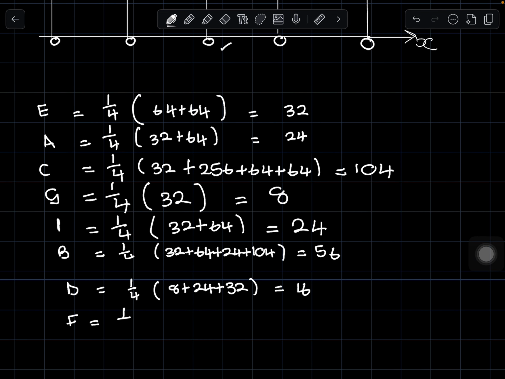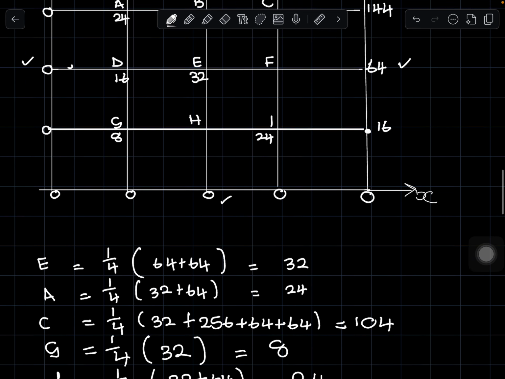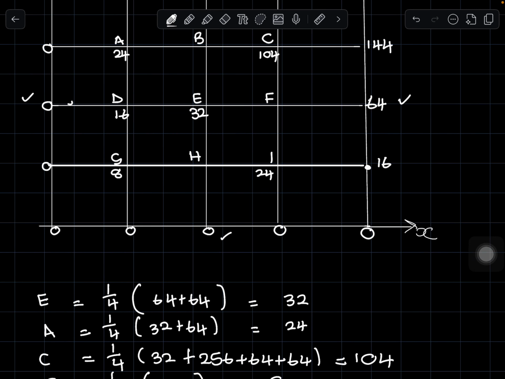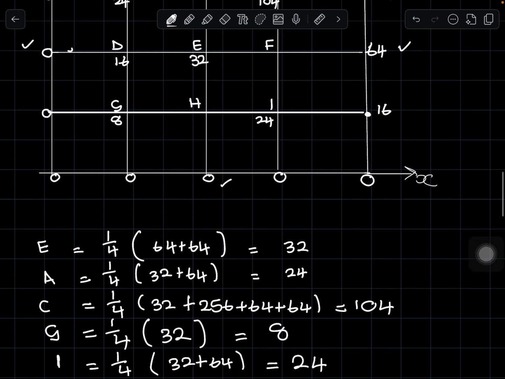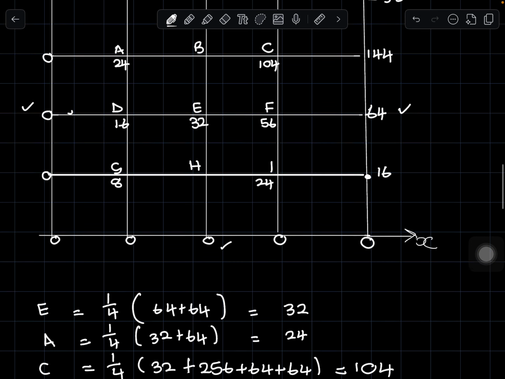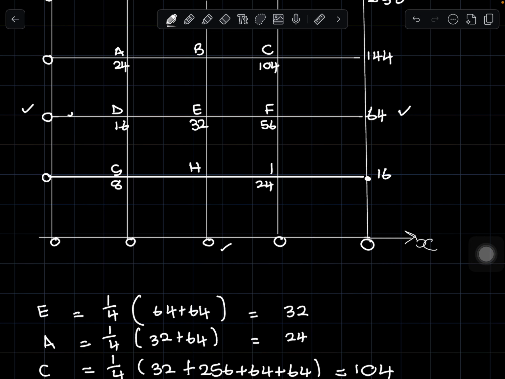At F is 1/4 of what? 32 plus 64 plus 24 plus 104, which is equal to 56. Right. Which one are we left with? We're left with H. Okay, I didn't write the answer for B. The answer for B is 56.